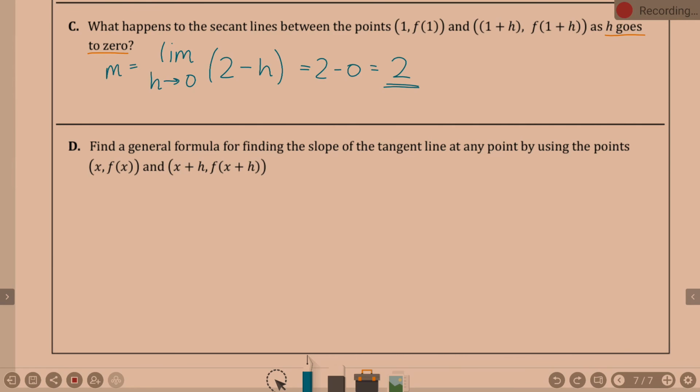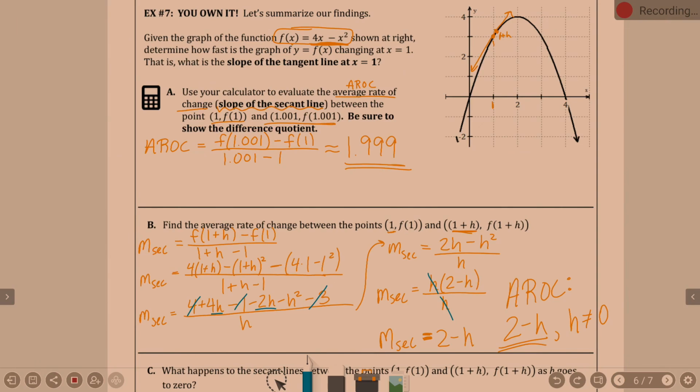Yep. What we're saying is, as h approaches 0, you're basically putting no distance between 1 and 1 plus h. You know these 2 little points here? As h approaches 0, so basically as h ceases to exist, these 2 points are going to get closer and closer together.